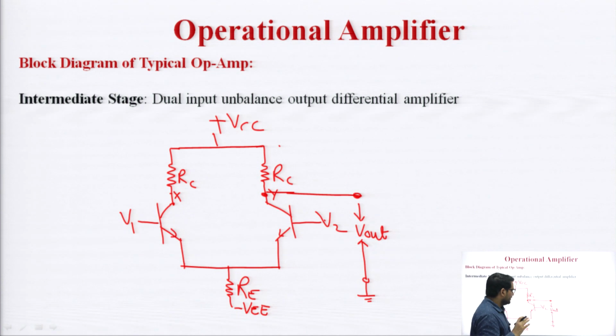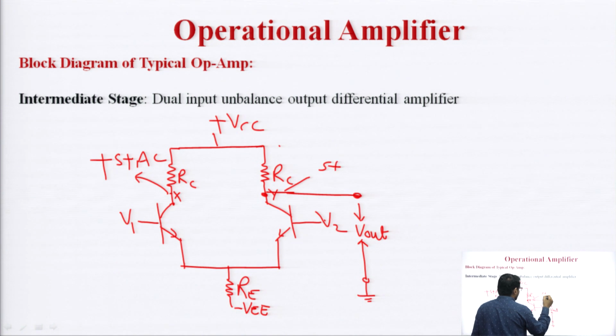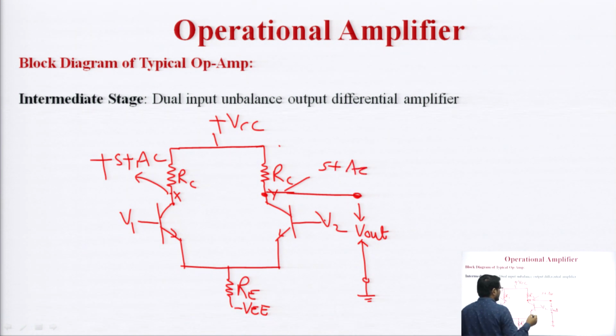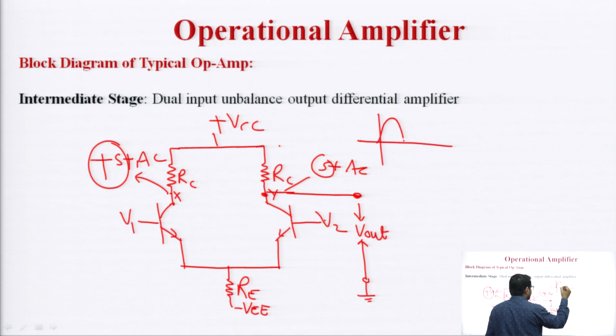What will happen if X contains, let us suppose, 5 plus some AC part, and Y also contains 5 plus some AC part? The unbalanced output differential amplifier has no ability to cancel out this DC signal 5. Let us suppose that the input is an AC signal with mean 0.